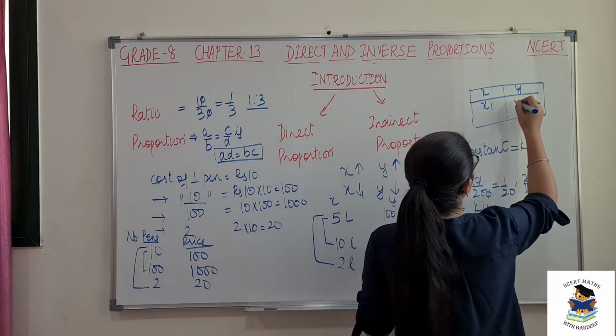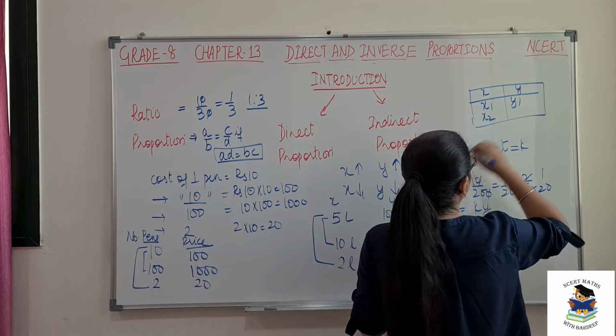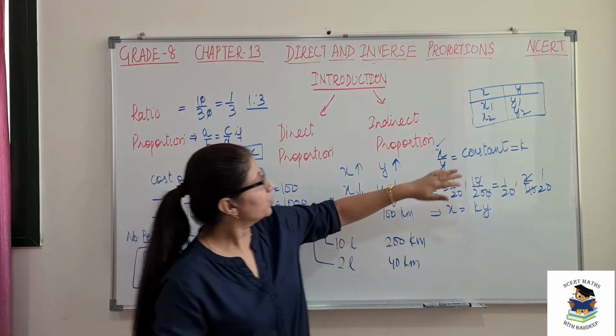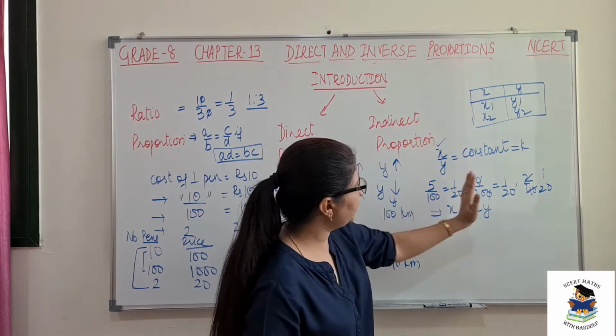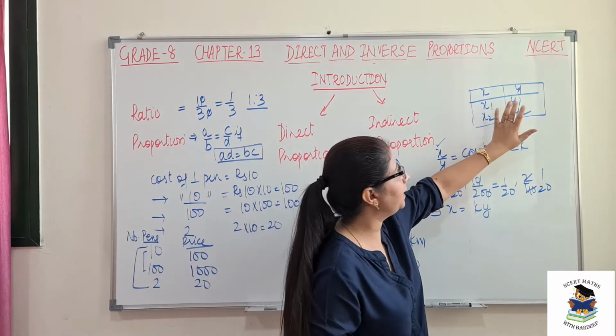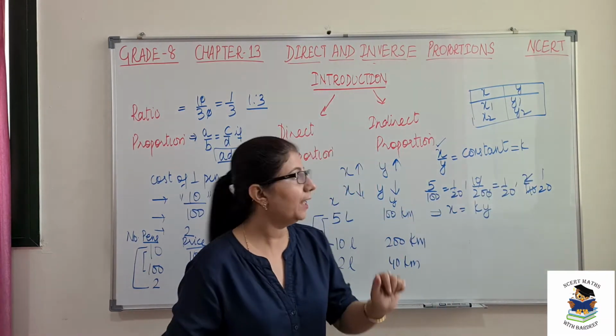This is x1, the corresponding value is y1. For x2, the corresponding value is y2. So x should be equal to a constant times y, which means for x1 it should be k times y1, and for x2 it should be k times y2.